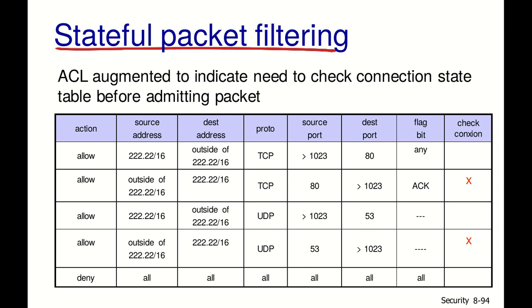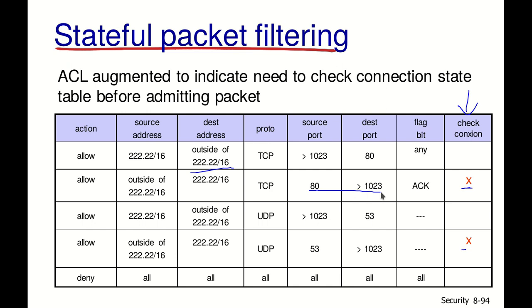Now the difference with stateless packet filtering is that we can add one more column. We can check the connection. If there is any cross mark in the check connection column, we need to check the connection. For example, we are not going to check connections from the internal network to the outside networks, but for incoming traffic, we need to check whether the packet makes sense or not.